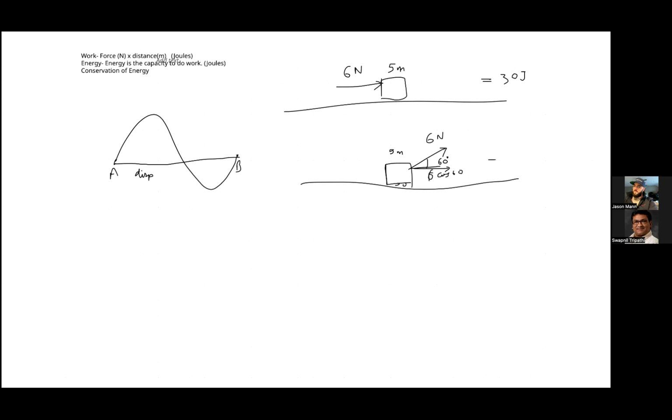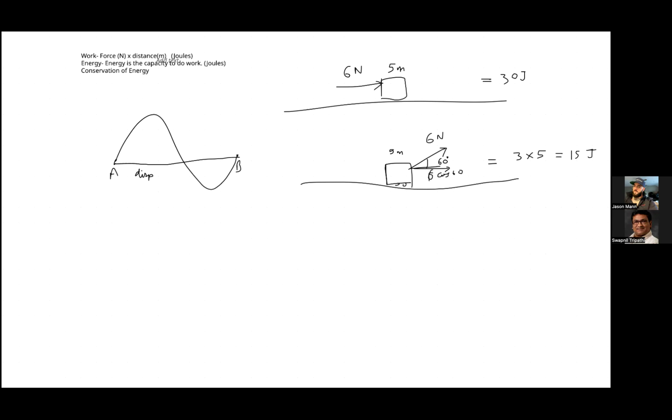So we will do 6 cosine 60. I intentionally chose the angle 60 because cosine 60 is half. So it's an easy calculation. So 6 cosine 60 will be 3 times 5, 15 joules. So 15 joules of work will be done in this case.